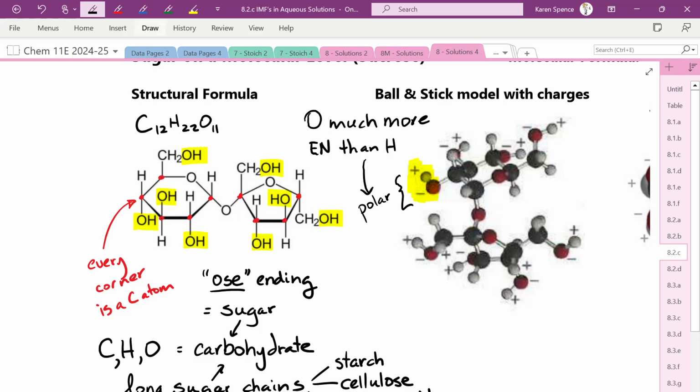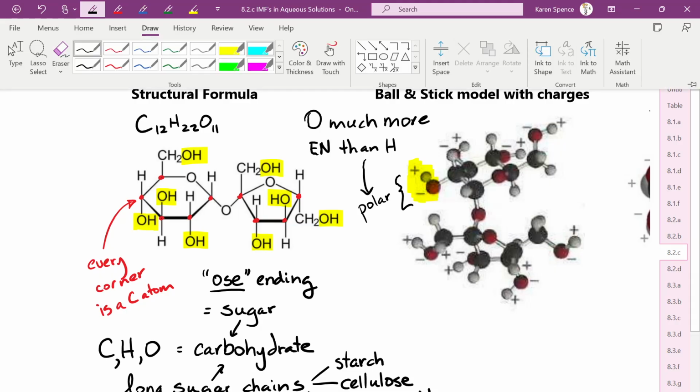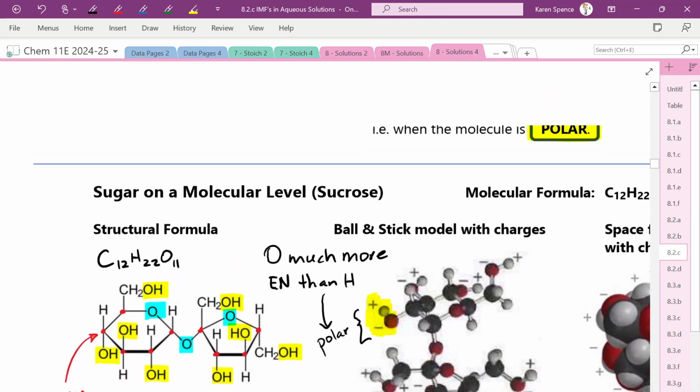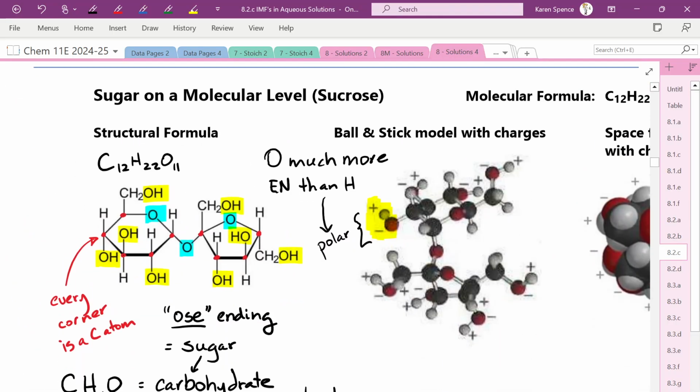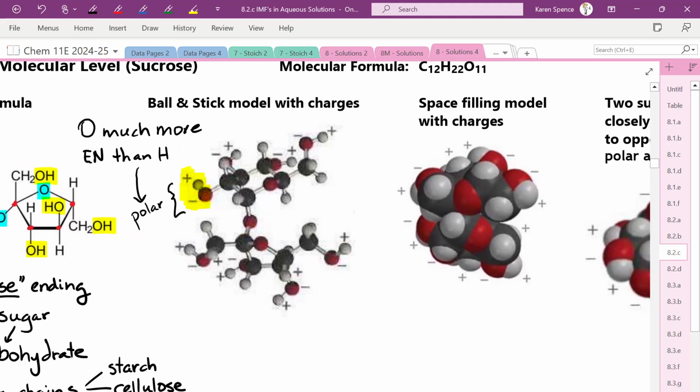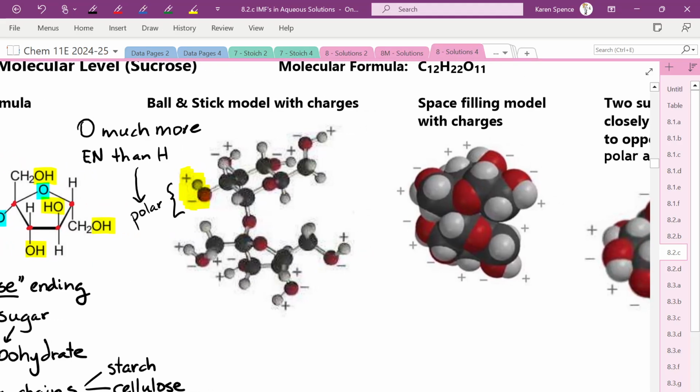We also have some plain old O's in there that can interact. And if we go over, we can see in our space filling model, around the outside, we do have those positives and negatives.